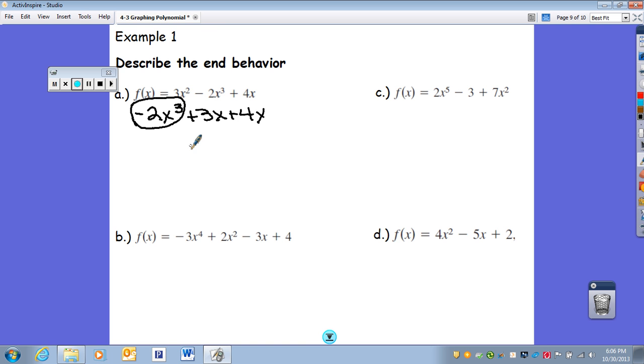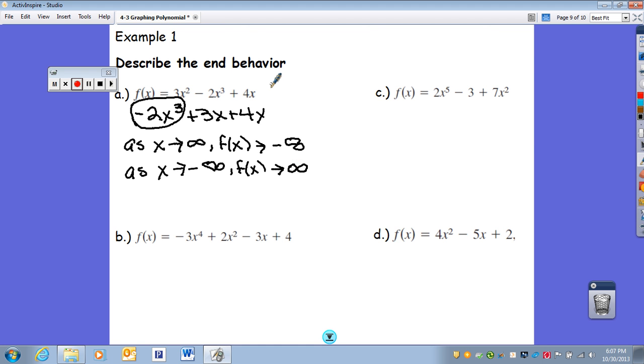So what's going to happen as x approaches positive infinity, going to the right, we know that then f of x is going to approach negative infinity. And as x approaches negative infinity, f of x is going to approach positive infinity.